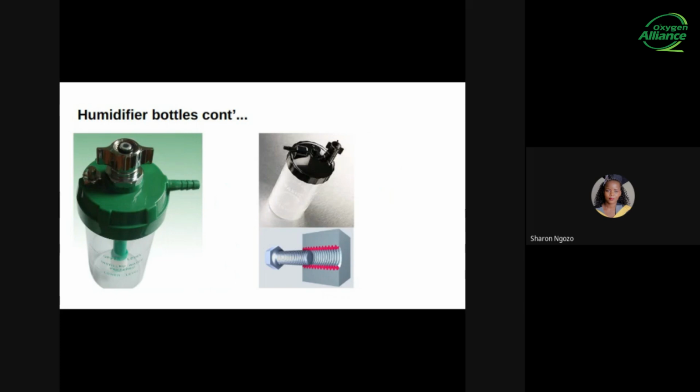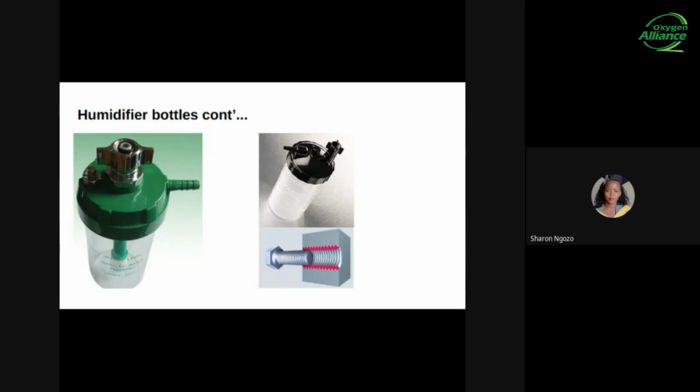So if we're using these bottles on concentrators that they don't match, this will eventually damage the bottle as you'll be forcing the bottle to fit on threads that do not match. So it has to be taken note that there are some bottles you can interchange within models, but some you cannot. Another thing is not tightly closing the humidifier bottle when connecting to the concentrator, which gives room for leakages.